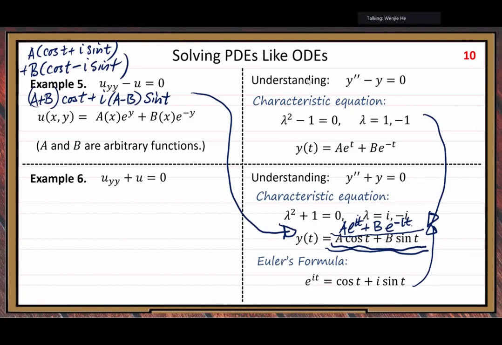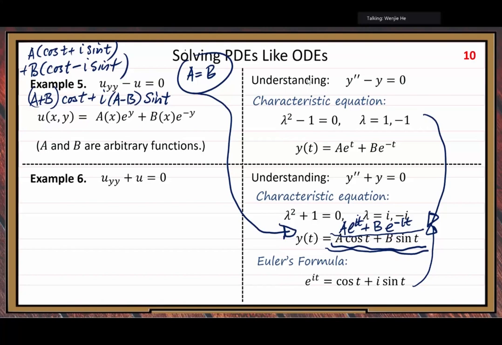Let me give you a few steps of manipulation. First, can we assume A equals B? Because they are arbitrary, we have freedom to choose special A and B.